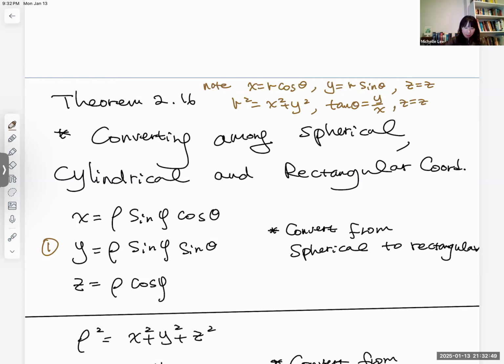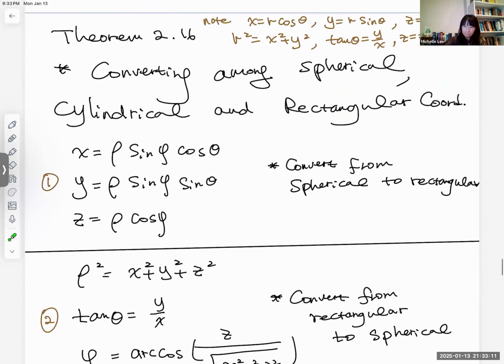Now this is converting from spherical to rectangular. X equal to rho sine phi cosine theta. Y equal to rho sine phi sine theta. Z equal to rho cosine phi, right?